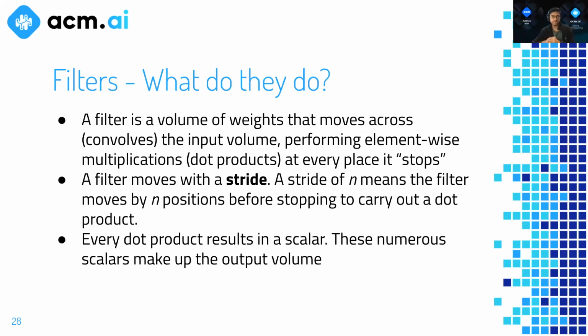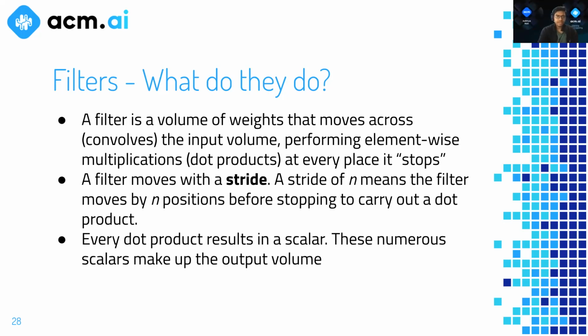So we discussed how the input CNNs receive isn't necessarily just a 2D grid of pixels, but there's also going to be a certain amount of depth to represent the three different color channels, RGB. So you can think of this input image as having both a height and a width, which are the resolution of the image, as well as exactly 3 pixel values for every single pixel that represent the RGB value.